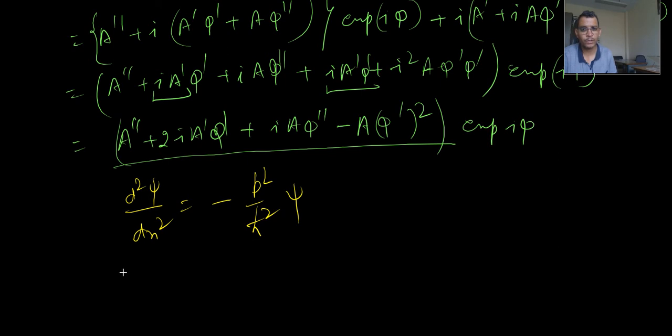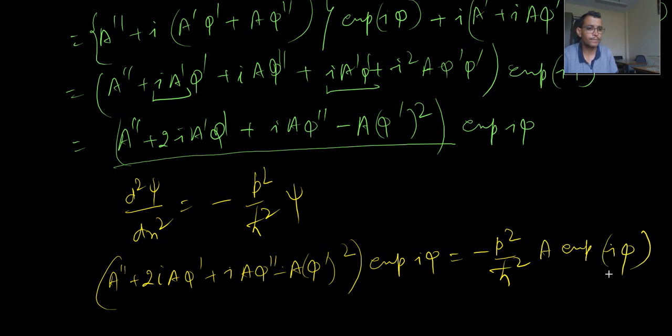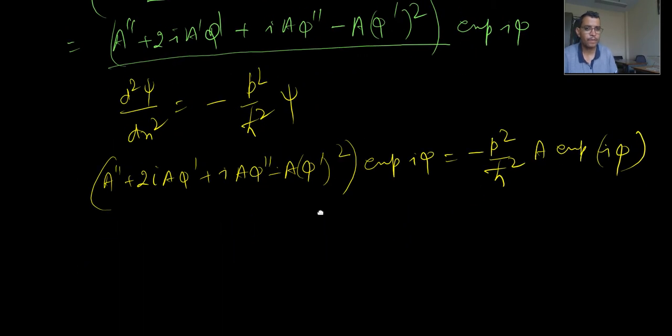So let us put their values. Its value will be a double prime plus 2 iota a prime phi prime plus iota a phi double prime minus a phi prime whole square, exponential of iota phi, is equal to minus p square over h cross square times a exponential of iota phi. So this will cancel out with it.